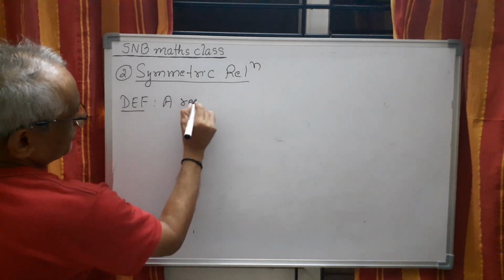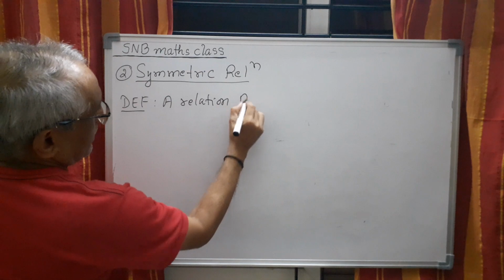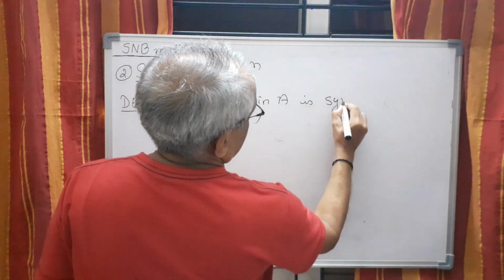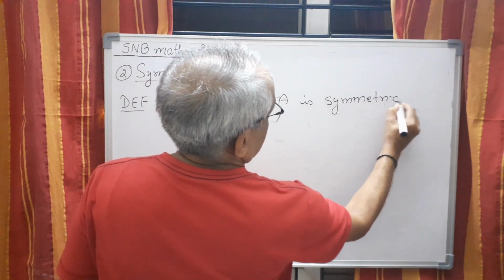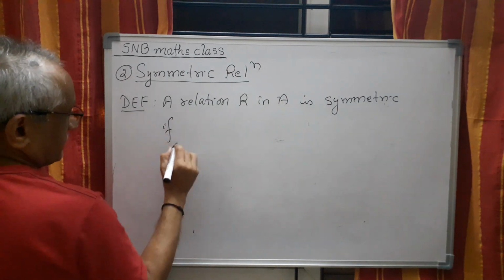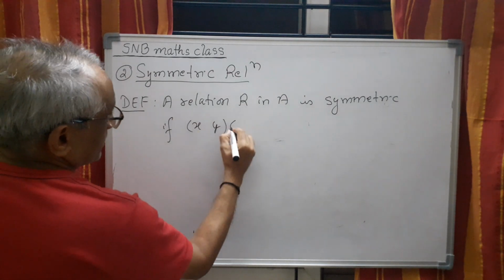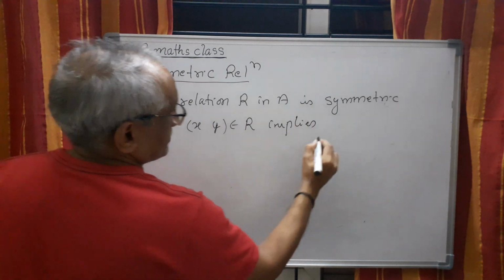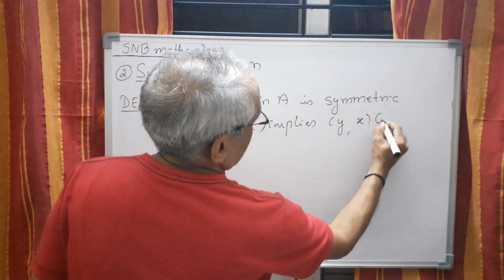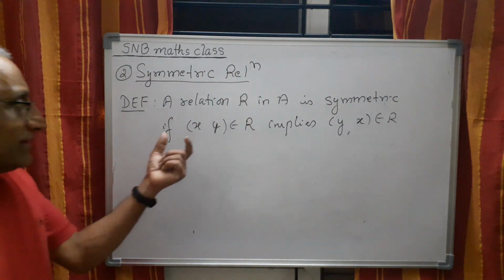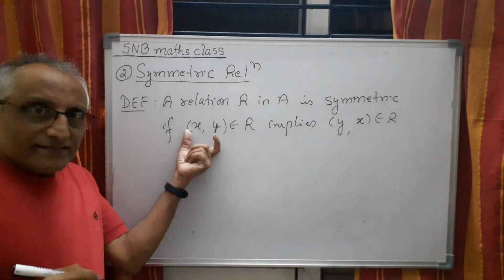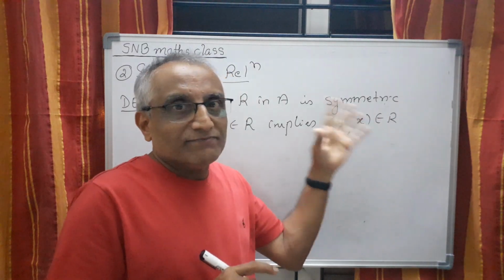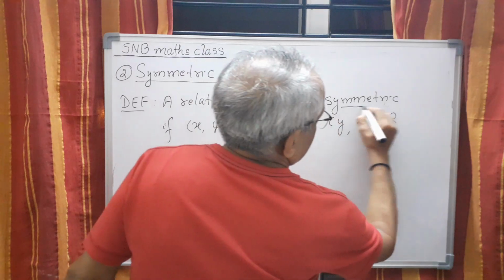A relation R in A is symmetric if (x, y) belonging to R implies (y, x) belongs to R. That means whenever the (x, y) ordered pair is there in the relation, the (y, x) pair should be there. If that is the case, it is called a symmetric relation.